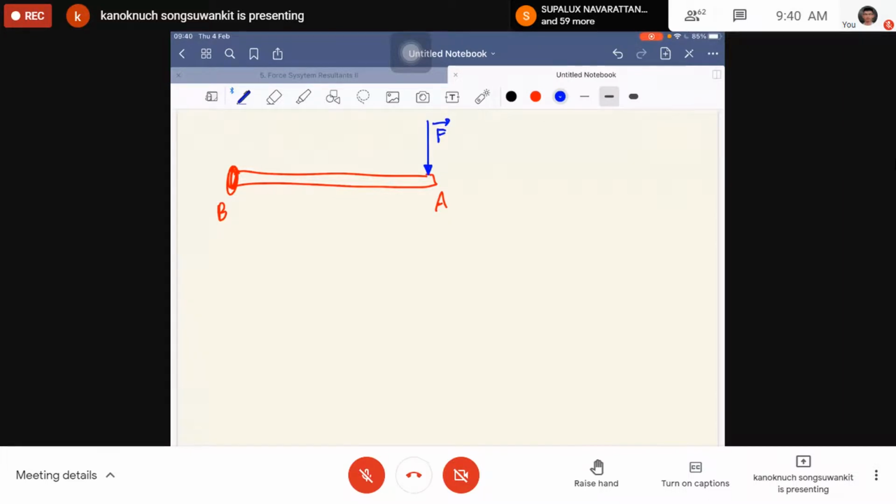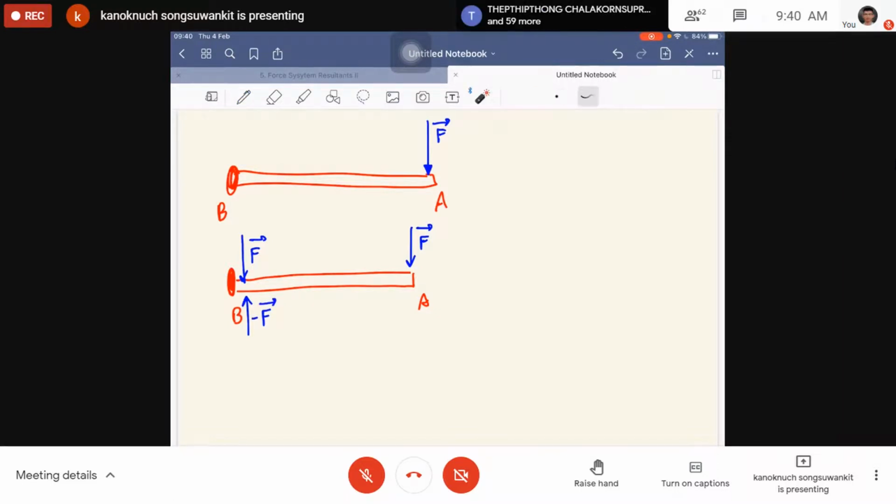Again, we want to move the force from point A to point B. Then let's insert a couple, F and minus F. The resultant force at point B equals 0, right? Then it does not affect the overall system.